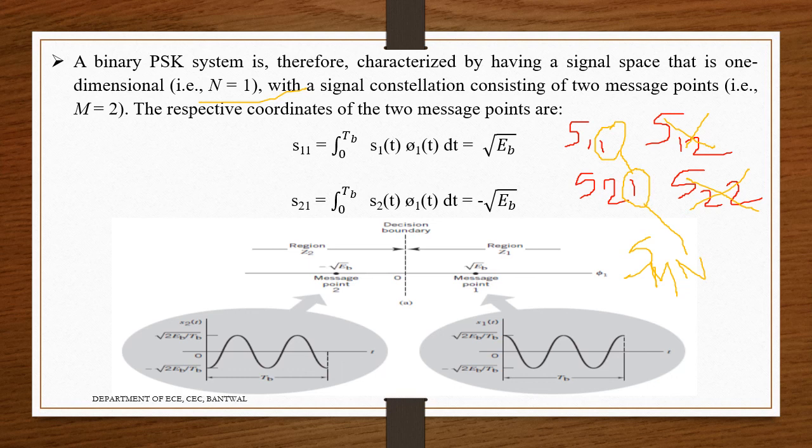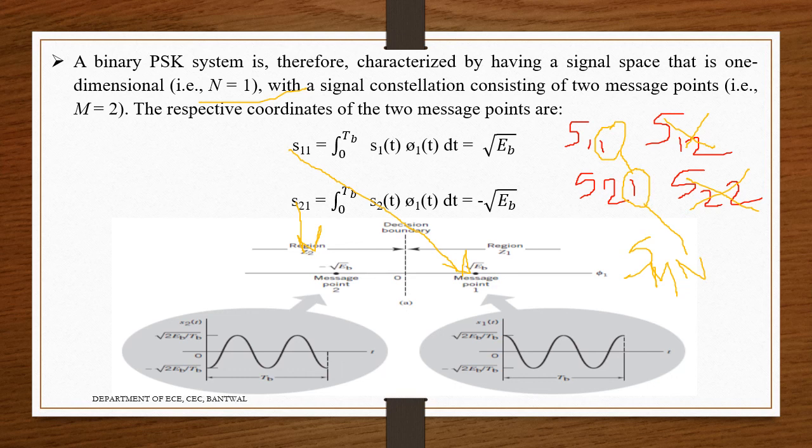Message point 1 is EB, it represents nothing but EB, and this is message point 2. So this is how we represent S11 and S21. Remember, from 0 to TB, S1 of t into phi 1 of t into dt. When I integrate all this, we get the square root of EB.